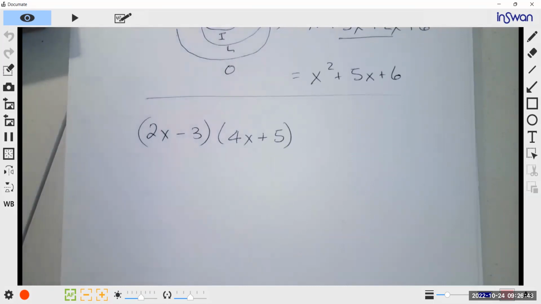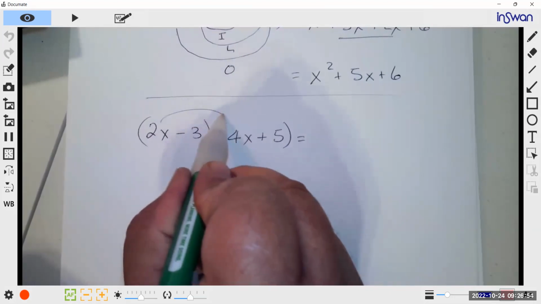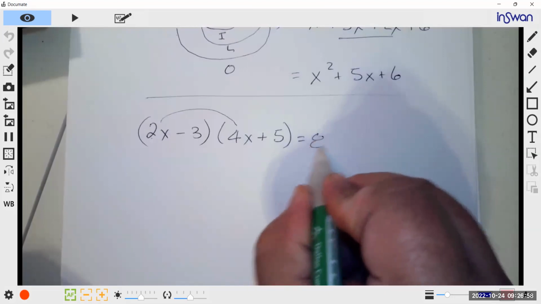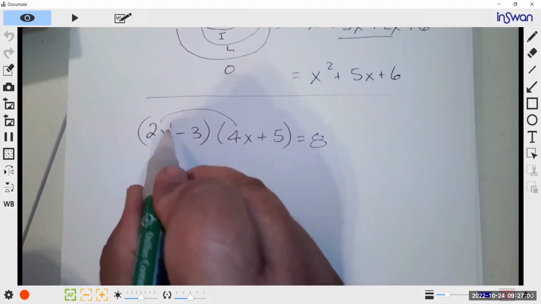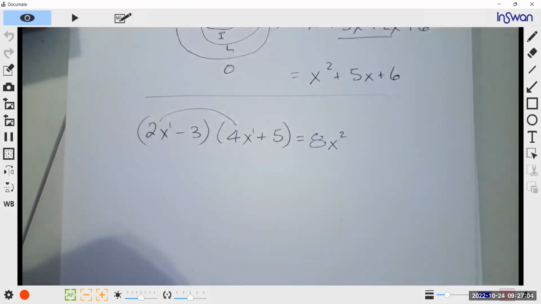And let's do that one. So the first terms. Positive and positive is a positive. 2 times 4 is 8. There's 1x times 1x, so that means there's x squared.